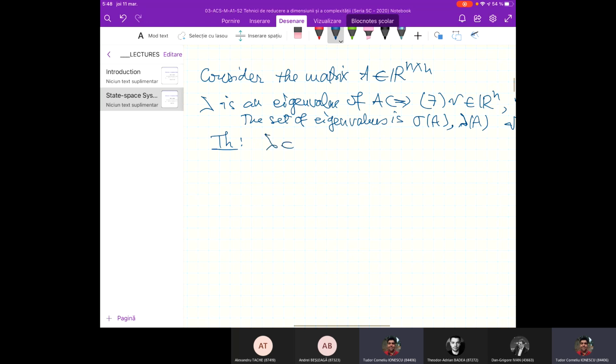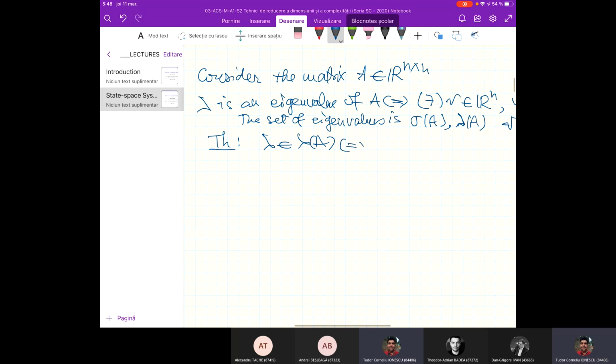Lambda is an eigenvalue of A if and only if the determinant of the matrix lambda I minus A is zero.